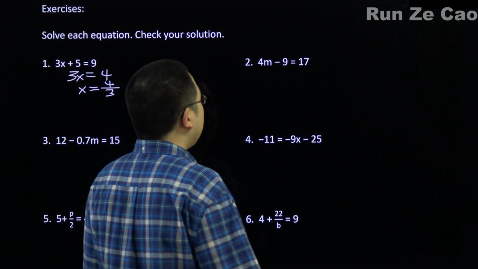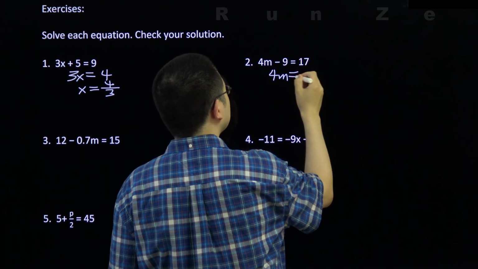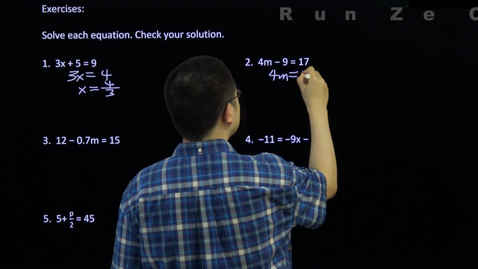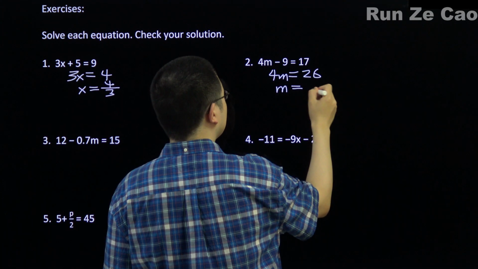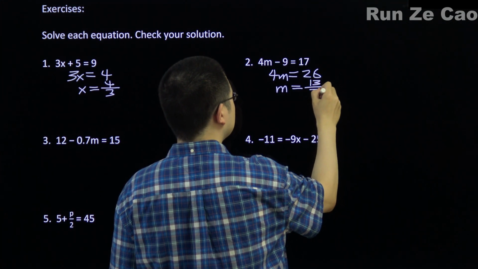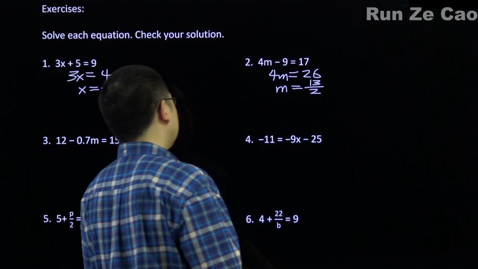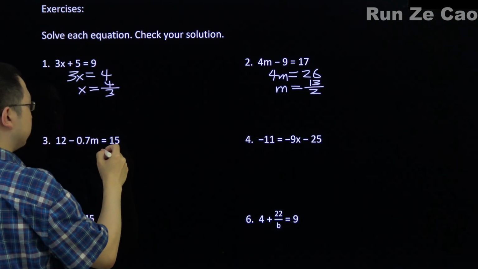So 4m minus 9 equals 17. 4m is equal to 17 plus 9, which is 26. M is equal to 26 over 4, or 13 over 2. And 12 minus 0.7m is equal to 15.